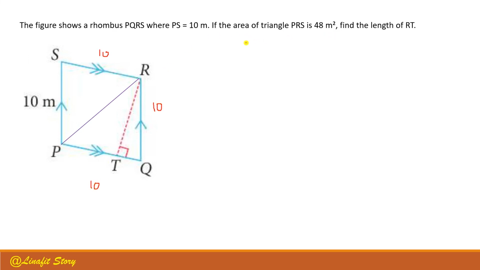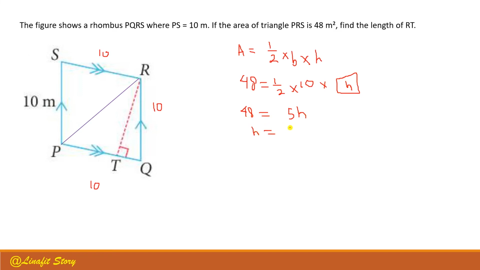To get the area of the triangle PRS, area is 1/2 times base times height. So 48 is equal to 1/2 times the base, which is 10, times the height. So 48 is equal to 5 times the height.